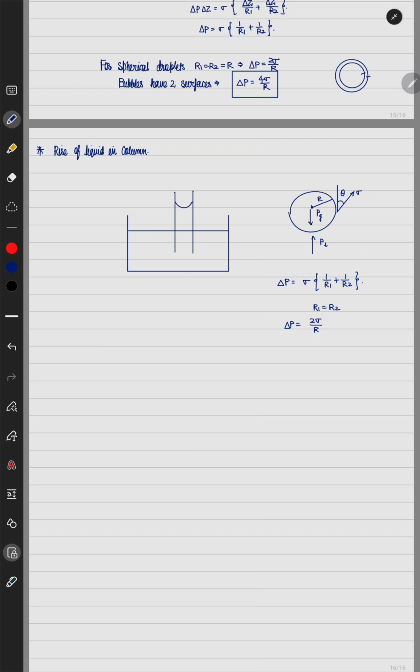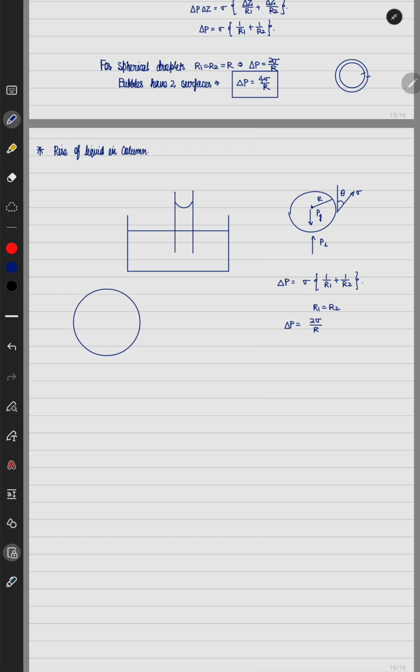But we want to write this expression in terms of the radius of the capillary, the radius of the tube that we have kept inside the liquid. So we want to write it in that form.